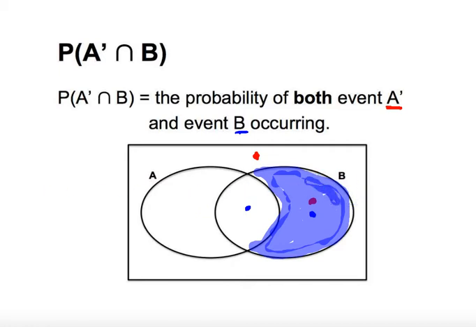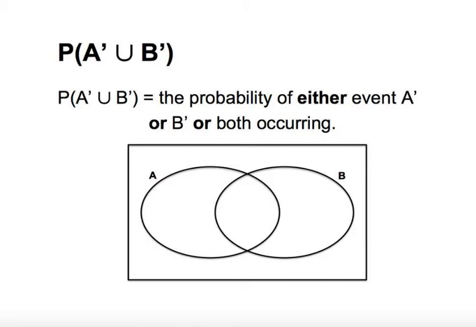Let's have a look at a couple of other regions. This is always a tricky one. Union, remember that we're looking to count up all the regions which are included in this bracket here, because it's a union. It's everything that happens.